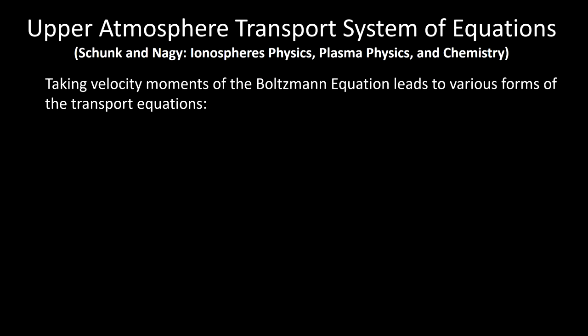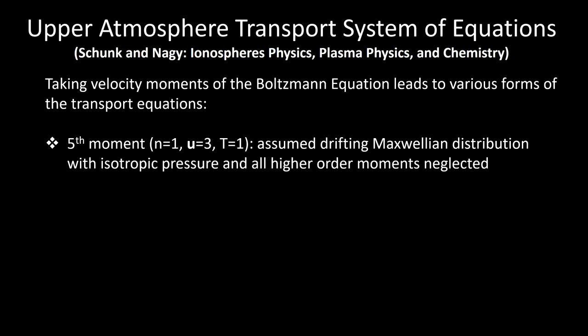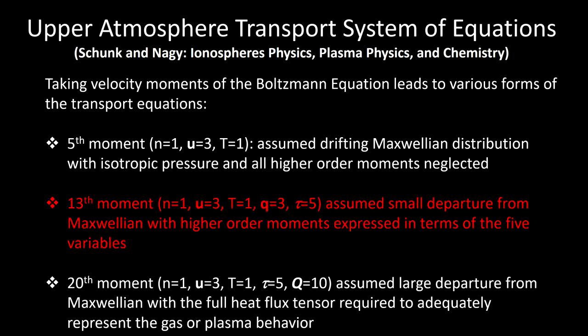So for our system of equations, like I said, we can go to Schunk and Nagy, and we can take our velocity moments of the Boltzmann equation, which leads us to various forms of the description of our system. Essentially, for our application, we get down to the 13th moment approximation, where 13 refers to the number of variables required to describe the system: number density, the three components of a neutral wind, the temperature, the heat flux vector, and a symmetric stress tensor.